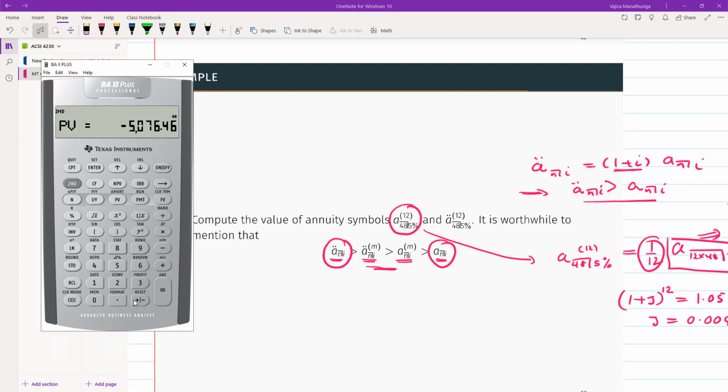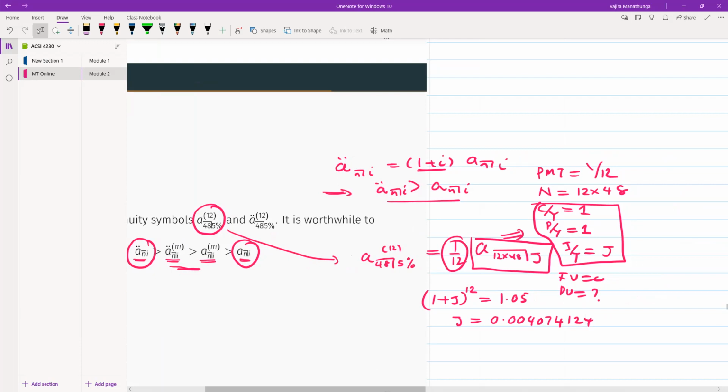So second, and then I'm entering 1 divided by 12 to payment. Then 12 times 48 to N. Then the rate, let me check the rate. You have to enter this as a percentage, okay?